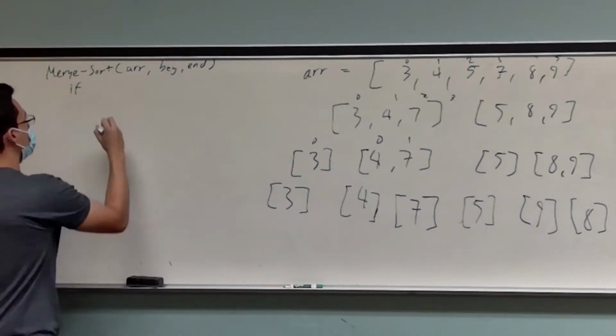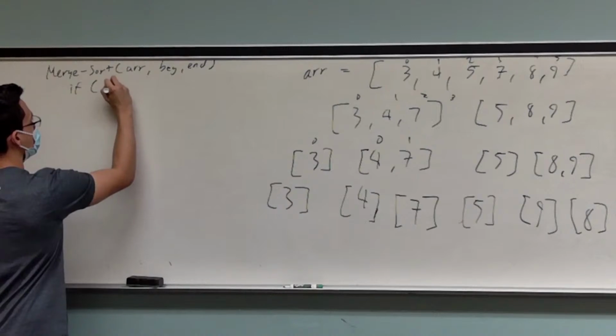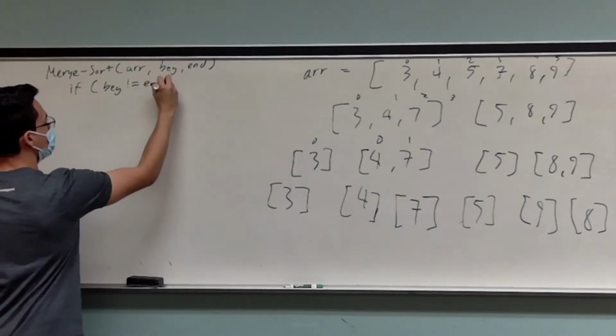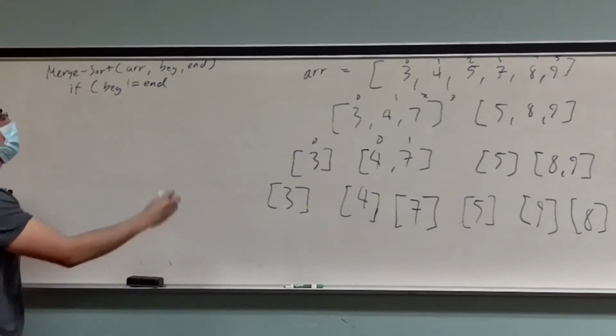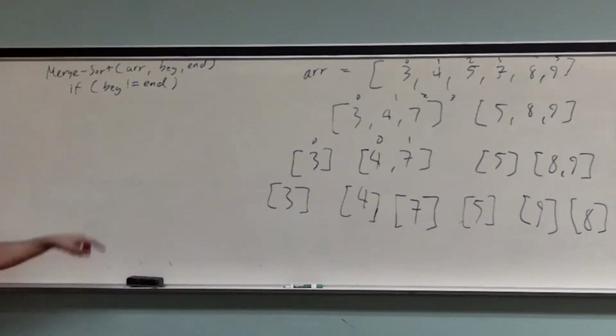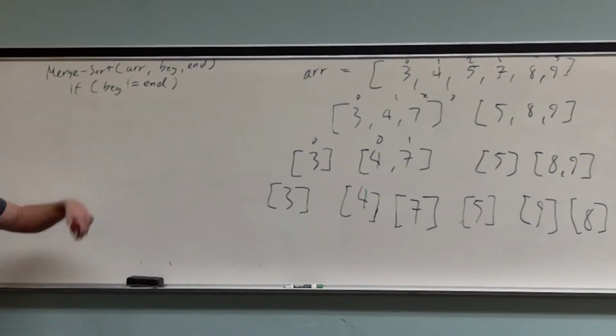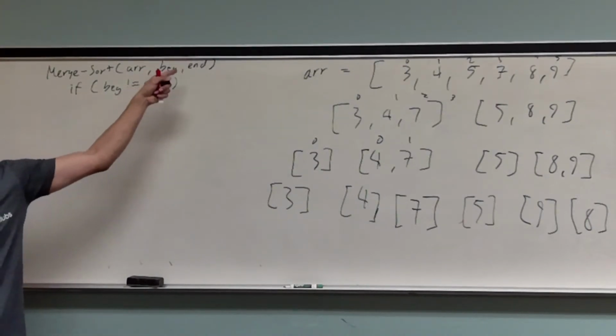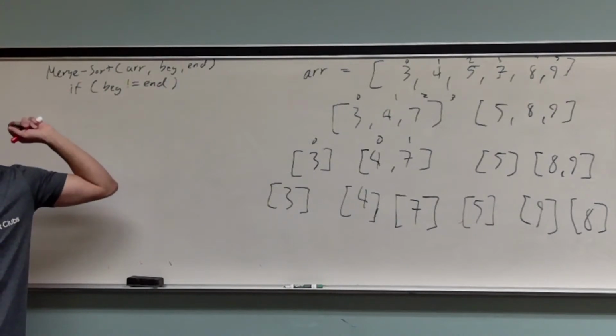Okay, so since this is recursive, we need a base case. So if beginning equals end, we don't run it at all. But if beginning does not equal end, the beginning is going to be less than end. What does that mean?